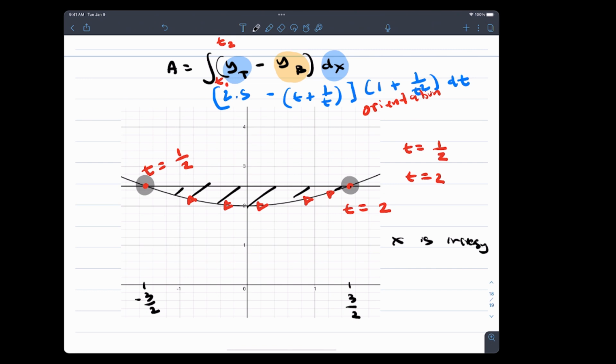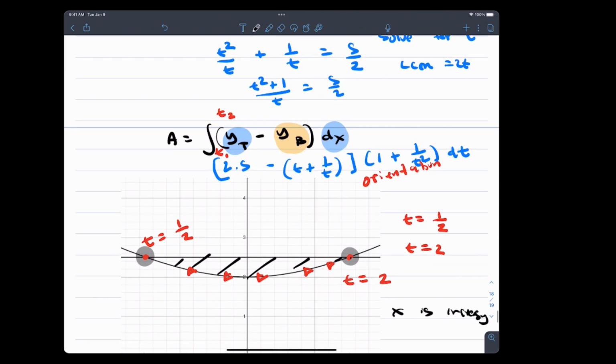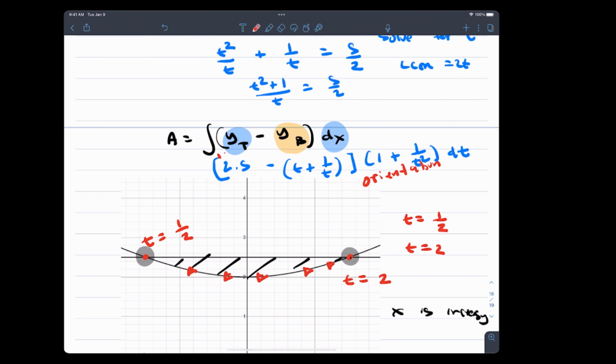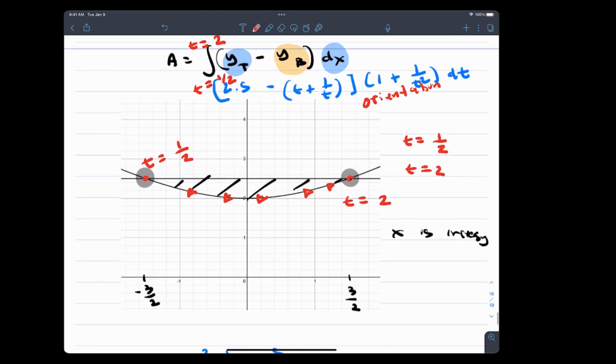Now that's good because you say, well, what does that mean? That just means I replace these values with what? This would be t is 1/2, and this would be t is 2. So these are t values now. Okay, so this is t. I want to make sure you guys are aware. So I'm just kind of going through again, how do you get those t to finish off this bounded area questions? It looks like they only have bounded area.